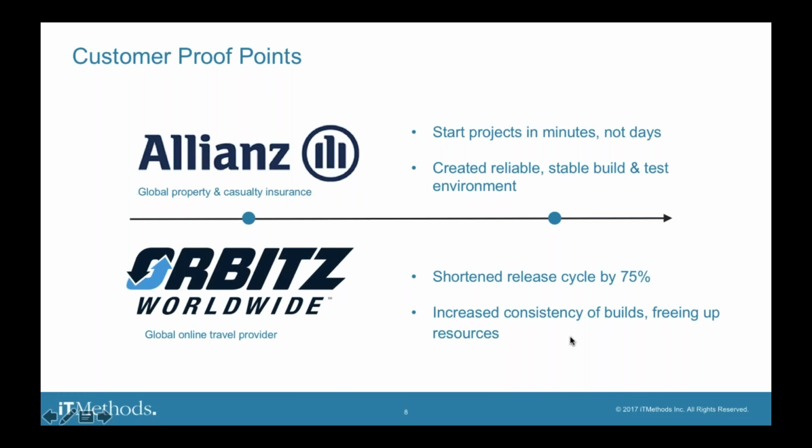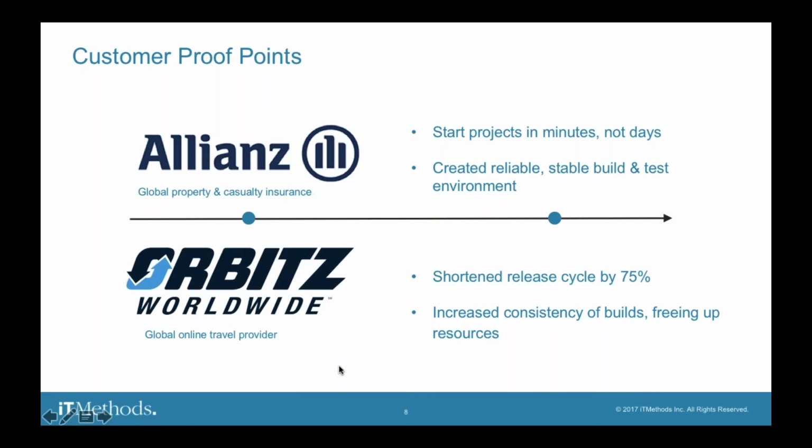Orbitz is another case. They have over 350 developers on 35 different teams and multiple locations around the world. I think we're all familiar with the Orbitz brand and how they service travel needs. That development organization is delivering the products that you as an Orbitz user are relying on for your travel needs, and they're relying on us to supply that continuous integration to deliver those products out to their end customers.